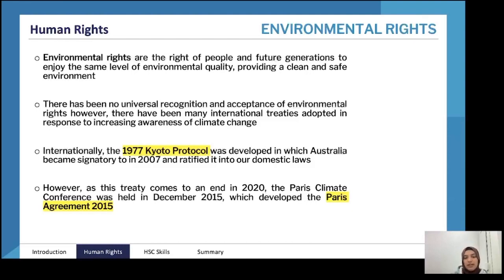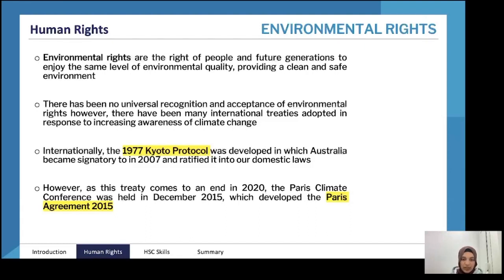However, we have had many international treaties that have aimed to address this issue, many of which you may have heard of. In 1997, we had the Kyoto Protocol, which Australia became a signatory to in 2007, and it was ratified into our domestic laws, so it's enforceable now.